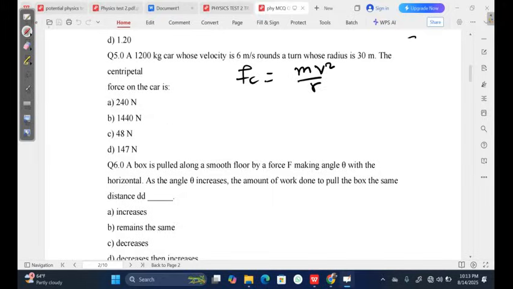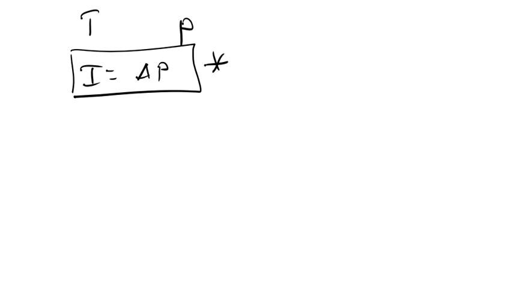In case you want to know where the formula is coming from, I'll show you this. When an object is moving around the circle, the centripetal force is directed toward the center. So again we have what we call centripetal acceleration, which is given by v squared divided by r.